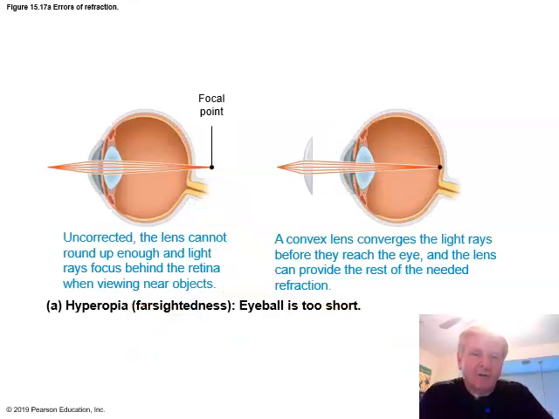So in hyperopia, the eyeball's too short. So you bring the focal point up to their retina and you use a convex lens. And that will be enough to converge these light rays before they reach the eye, so that now the lens can provide the rest of the needed refraction.